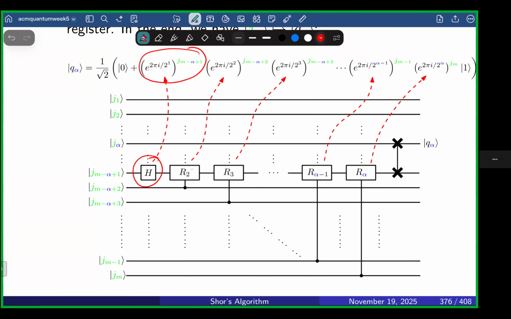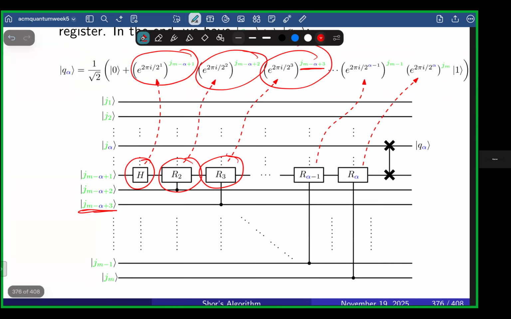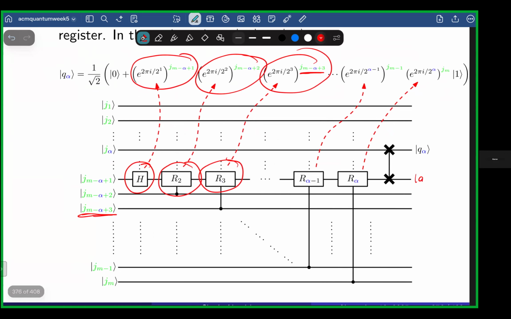We apply R2, which gets us this phase. We apply R3, which gets us this phase. And remember, it's controlled on this because the exponent there is that index. We keep going all the way to R alpha. And then what we get here is Q alpha.